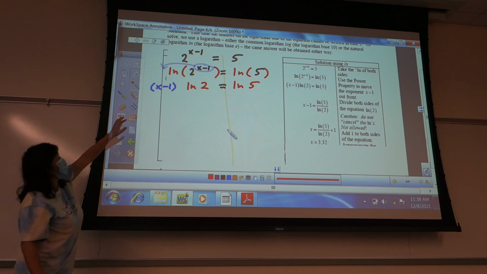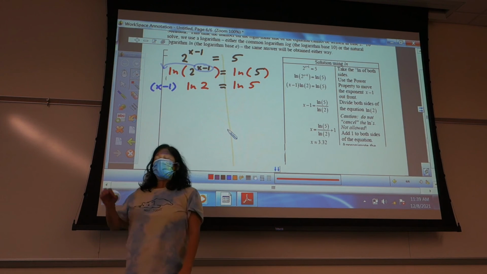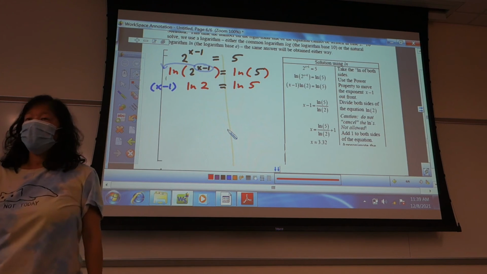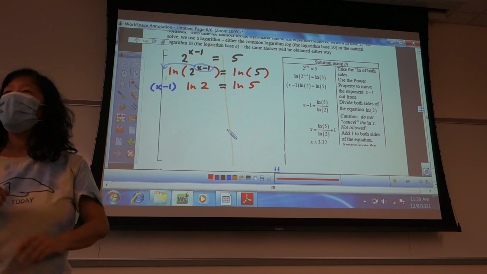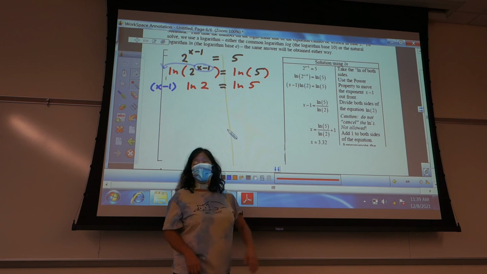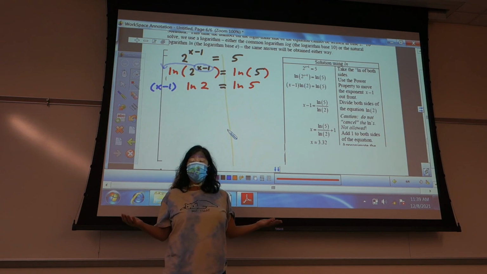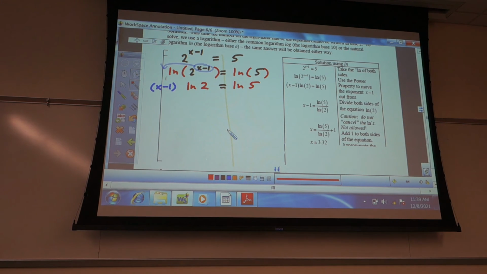All right, so this whole piece, x minus 1 times natural log of 2, and natural log of 5. My strong suggestion, so you don't end up messing yourselves up and getting lost with numbers, is to just find natural log of 2, find natural log of 5, and pop them in. So what's the natural log of 2? I think we found it earlier.